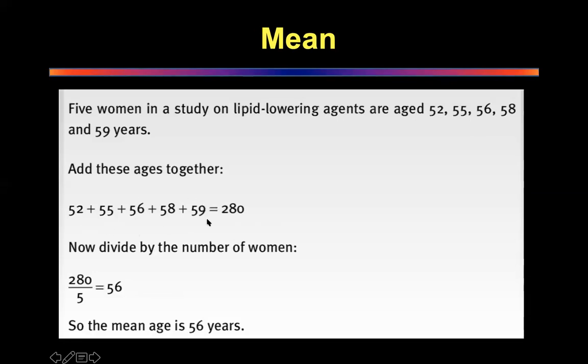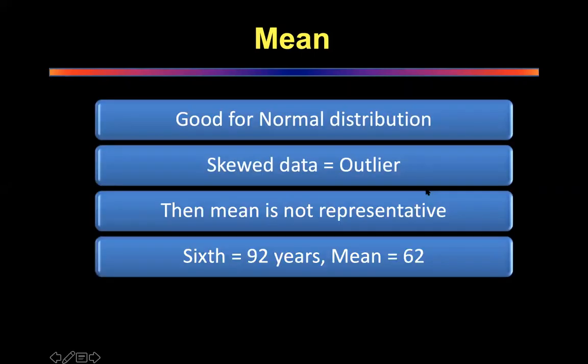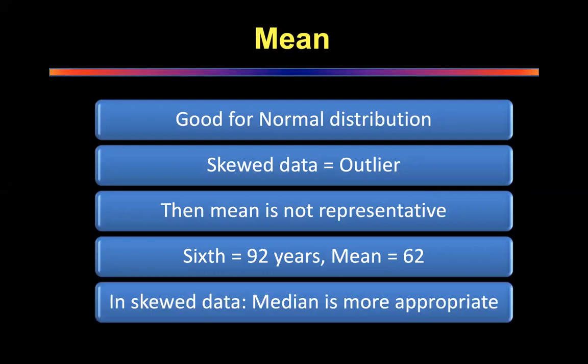So it has completely moved your mean by a skewed data. Very important to understand that you should not use mean when the data is skewed. In a skewed data, you have to use median. Median more accurately represents the midpoint in a skewed data.